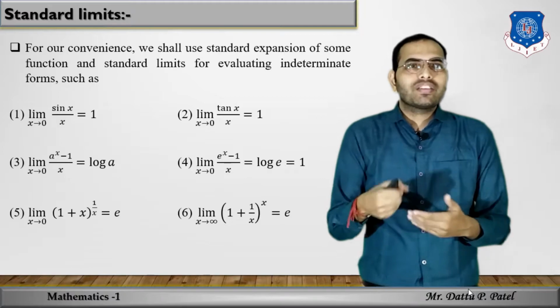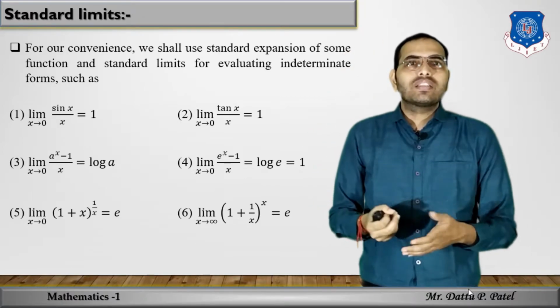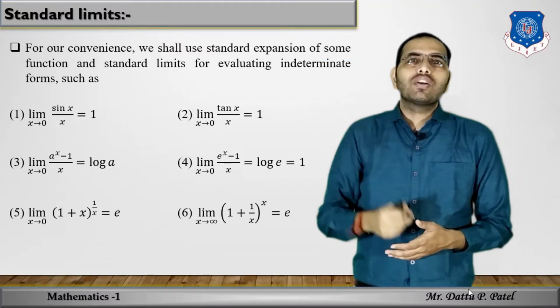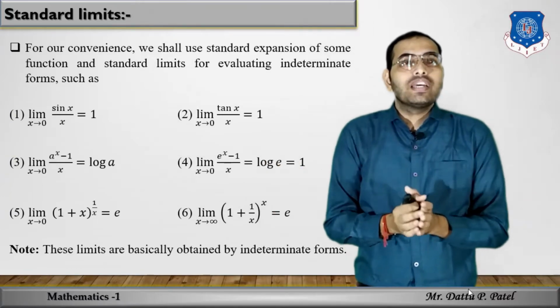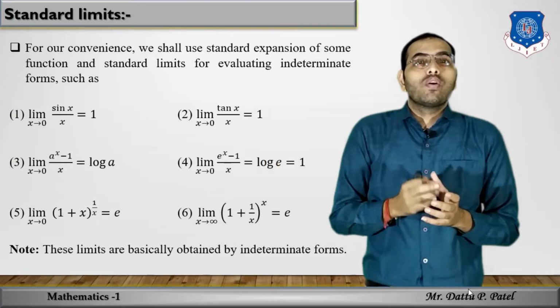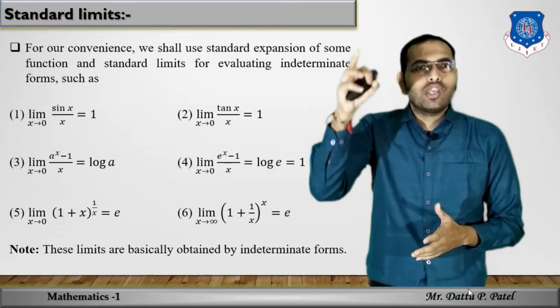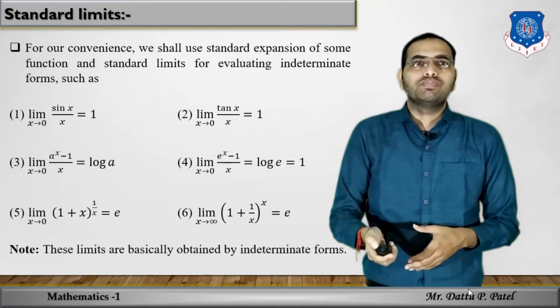Fifth, limit x tends to 0, (1 plus x) raised to 1 upon x equals e. Sixth, limit x tends to infinity, (1 plus 1 upon x) raised to x equals e. These are the standard limits which are used for solving examples of indeterminate form, and for obtaining the value of that particular limit.